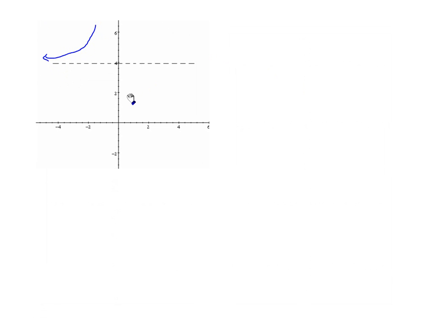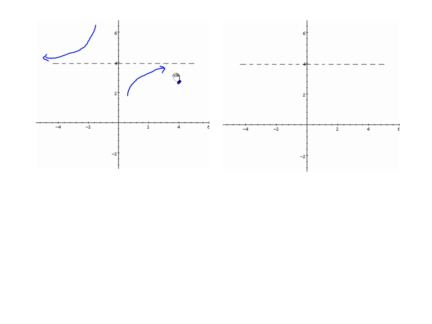We could also have it coming up from this direction and approaching. Could also have it going down like this. Here's another example of that horizontal asymptote. And as x increases without bound, we approach the same number like that.